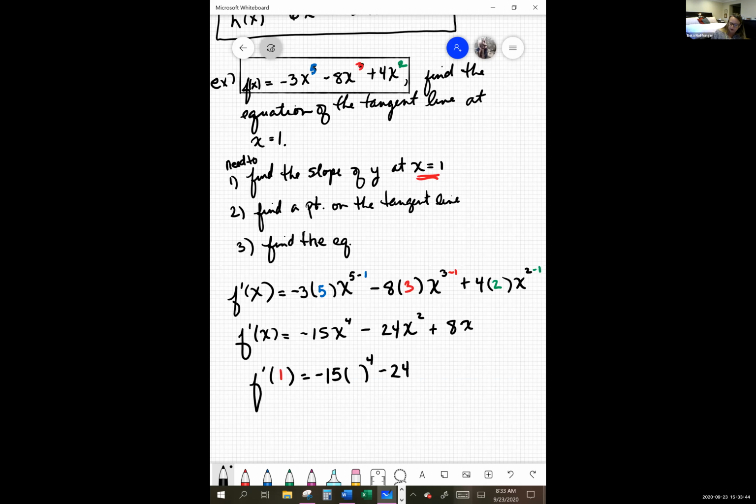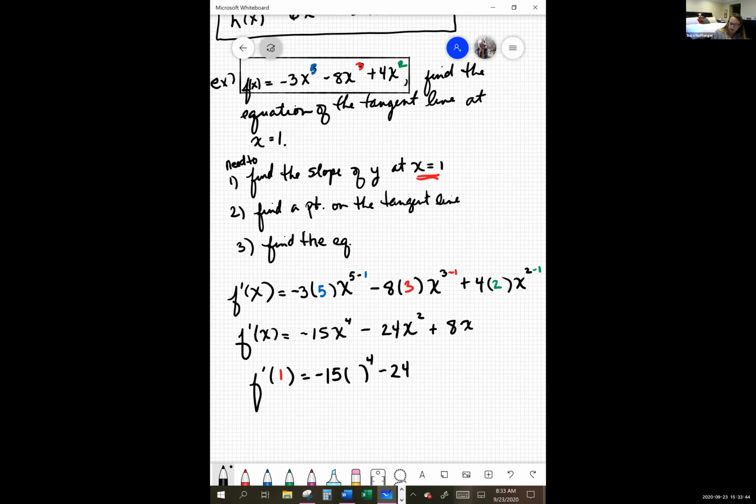So our point is x was 1. Our y value we got back was negative 7. So y is equal to our m value times our x value plus b. Put in what we have.